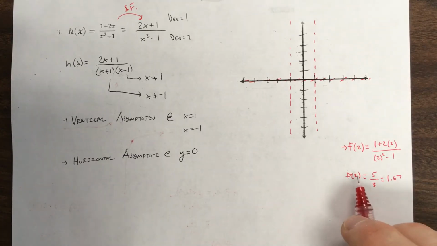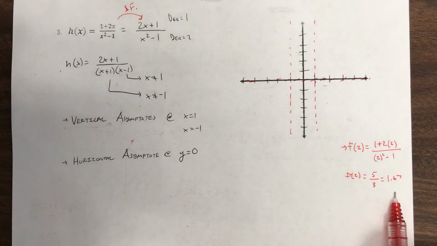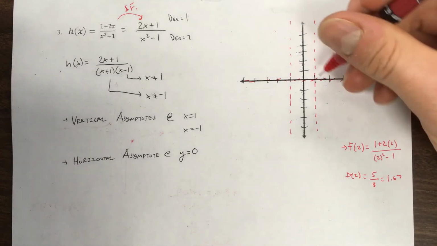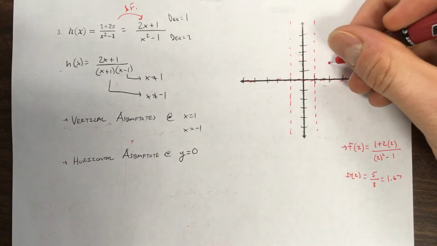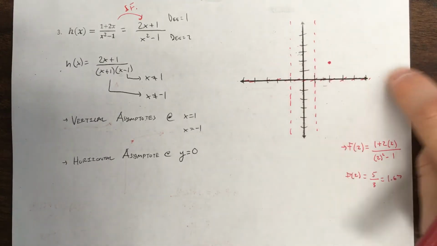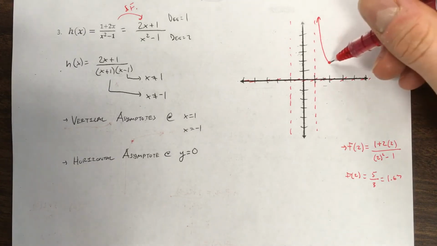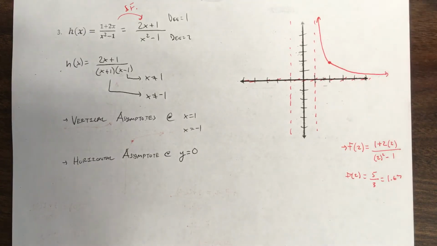So f of 2 is 1.67. And because we have this L-shaped asymptotic behavior, this is what our function would look like there.